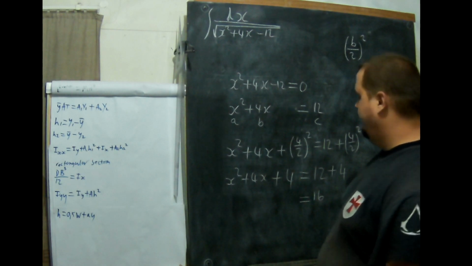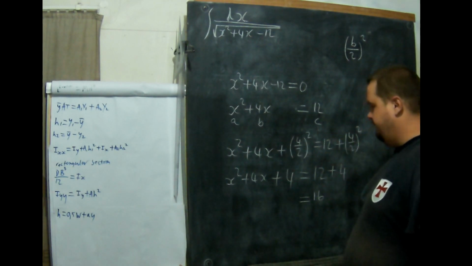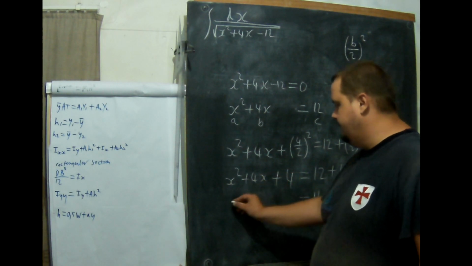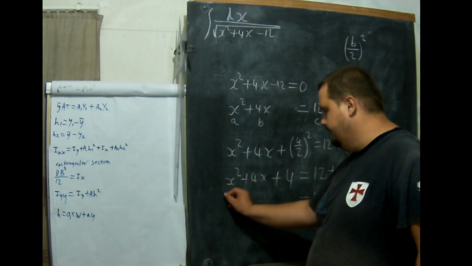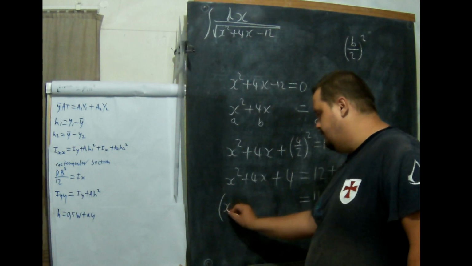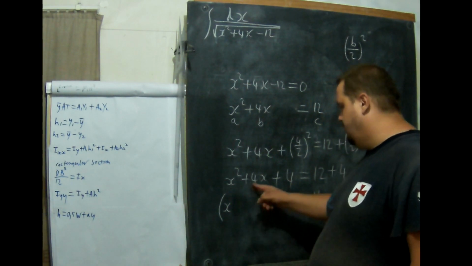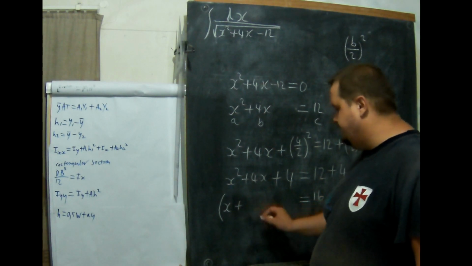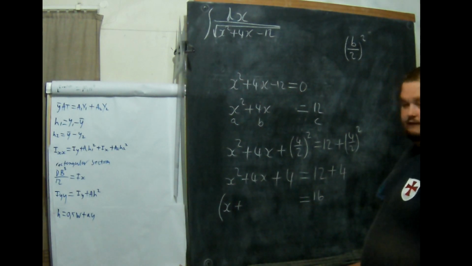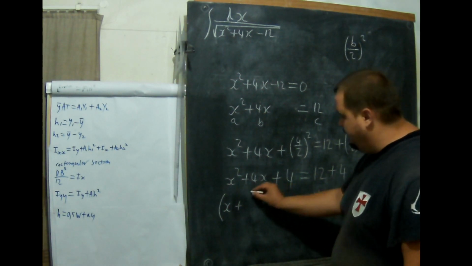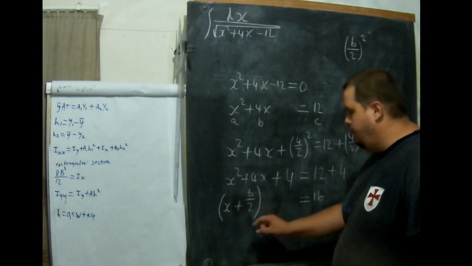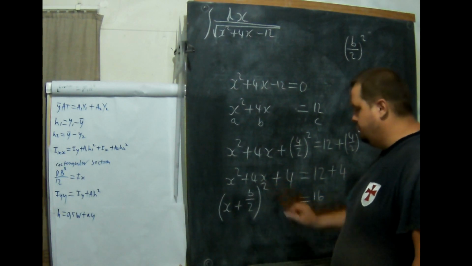Now, we're going to factorize. The factor of this is going to be x, and these are all pluses, so it will be a plus. I'm doing the formula for this. The formula is going to be b over 2, the whole thing in a bracket, squared.